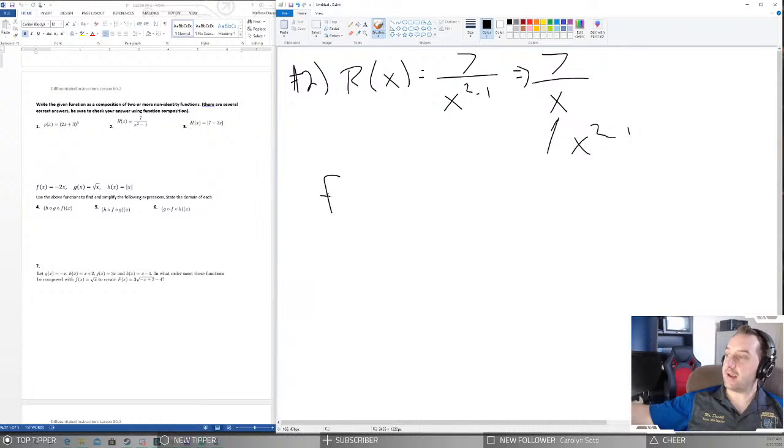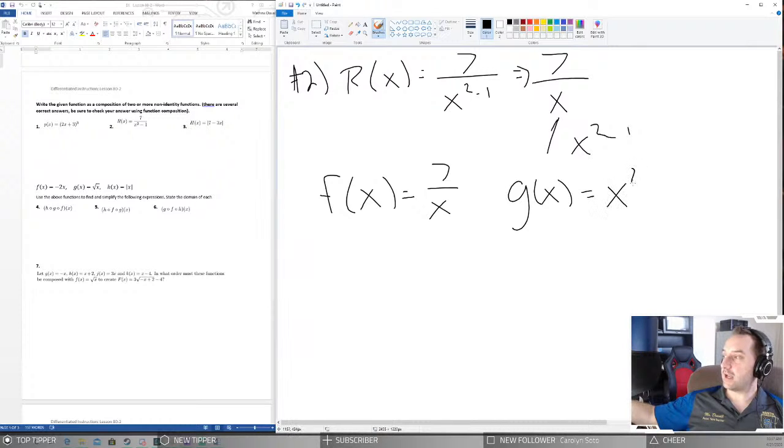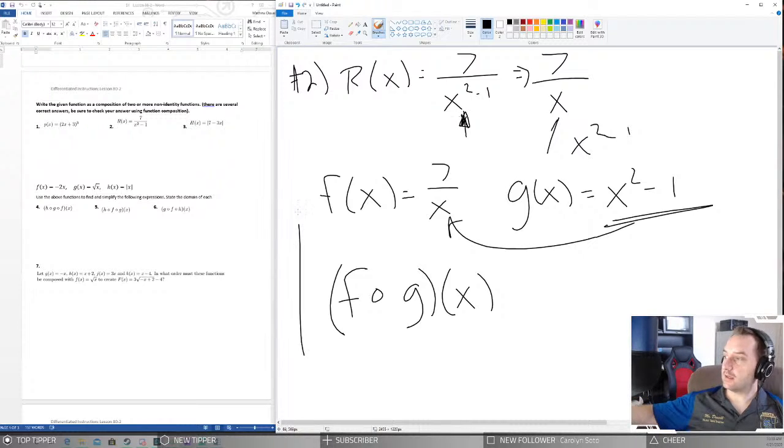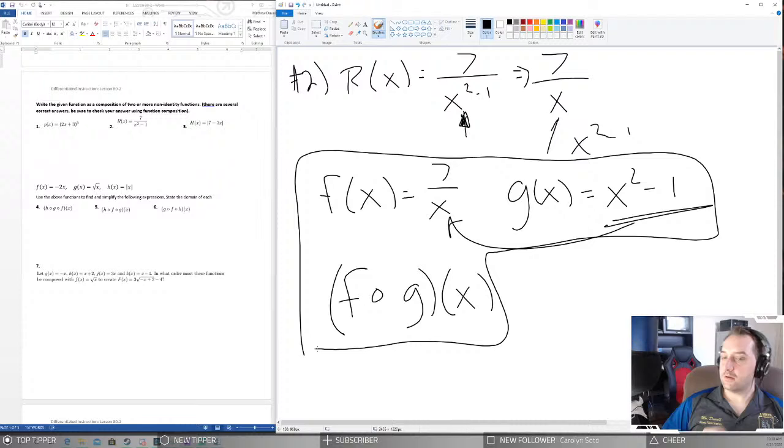So I could say my f function is 7 over x, and my g function is x squared minus 1. So then I'm taking the x squared minus 1 and plugging it in for x. So then that's going to be f of g of x, because if I take this and plug that in, that's going to give me that. And so those are the answers there. Comments or questions on that one?